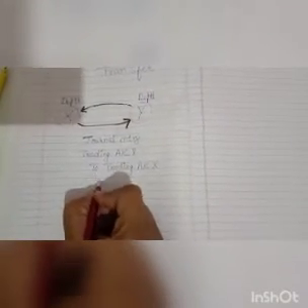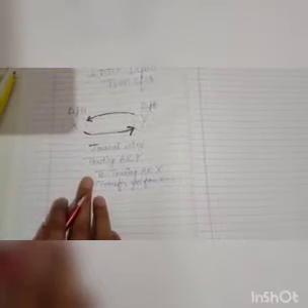I have told you that the raw material has been sent from department X to Y. In this case, the journal entry will be: trading account Y debit to trading account X. Then we write the narration, being goods transferred from department X to Y. So this is the journal entry if you transfer raw material or goods from one department to another. I hope this is clear.